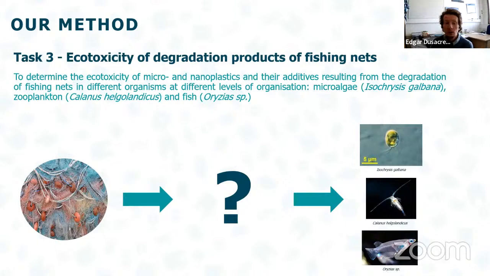We don't have the precise species yet, but Calanus helgolandicus could be a good one. And at the end, the little laboratory fish, Oryzias latipes, and other species. This is also known as the Japanese medaka.